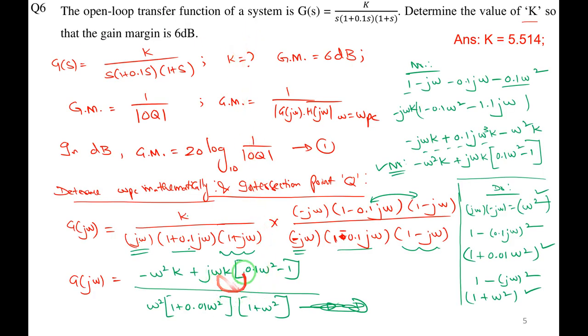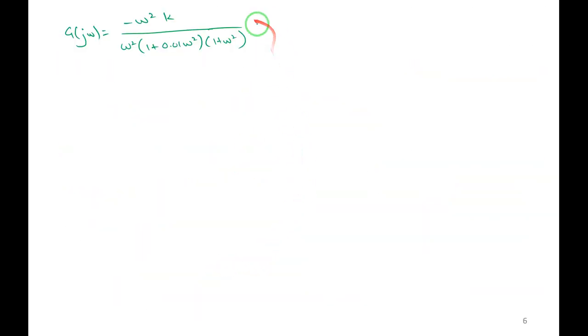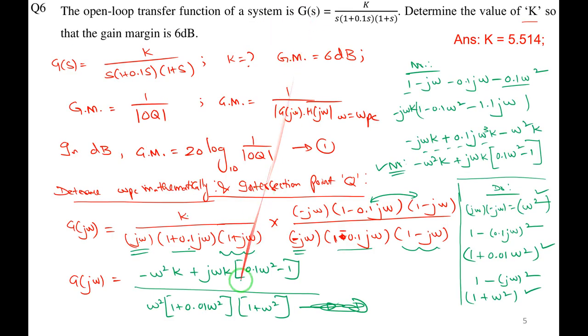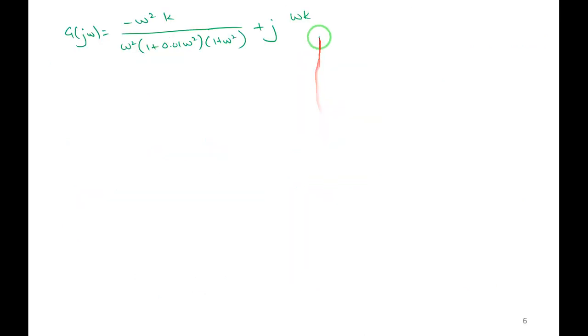So let me write the imaginary part, plus j omega k into 0.1 omega square minus 1, divided by this denominator, omega square into 1 plus 0.01 omega square into 1 plus omega square.